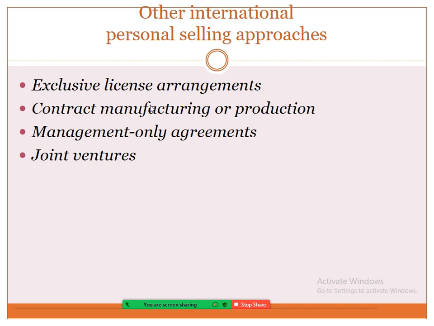Then last is joint ventures with in-country or regional partners. Because many countries place restrictions on foreign ownership within their borders, partnership can serve as the best way for a company to obtain both personal sales capability as well as an existing base of customers.